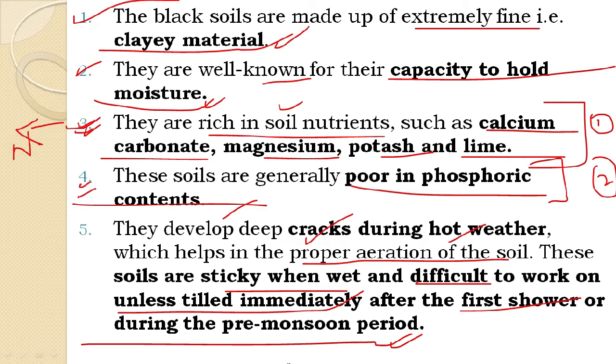Okay, so if the farmers or any person wants to work on this kind of soil properly, then this soil needs to be tilled immediately after the first shower or during the pre-monsoon period, so that you prevent it from getting wet. Clear? Let us move ahead.